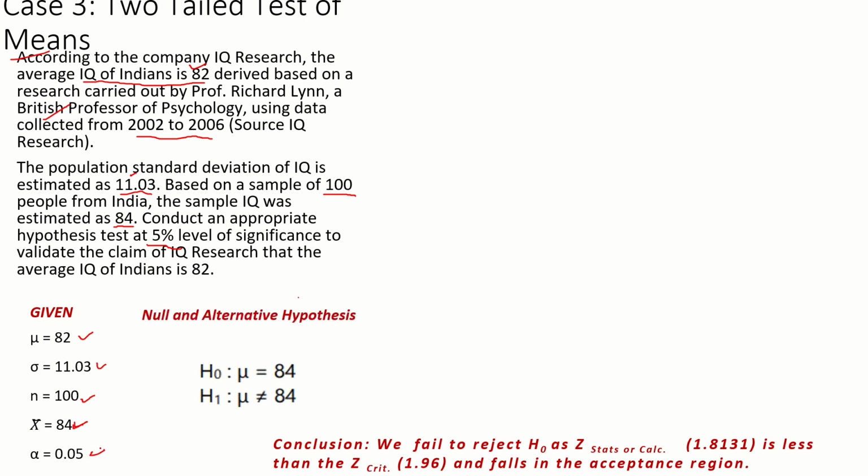So let us develop the null and alternative hypotheses. Since it is not telling us that something is greater than or less than, it is telling us is equal to.